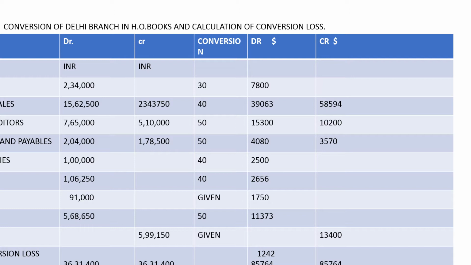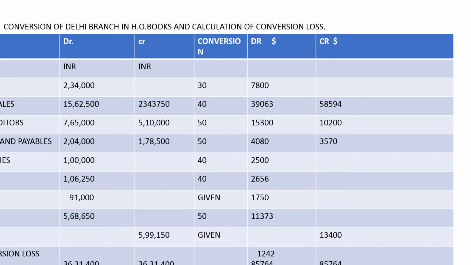Then purchases and sales. Purchases were 15,62,500 and sales was 23,43,500. Purchases and sales are always converted at average rate. Average rate was opening 30, closing 50, so 30 plus 50, 80, divided by 2, 40.